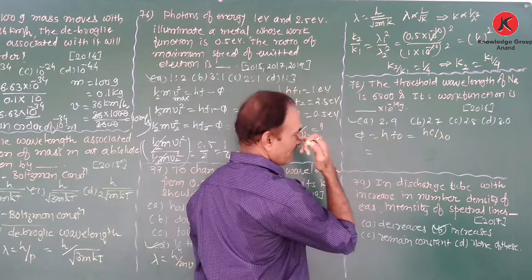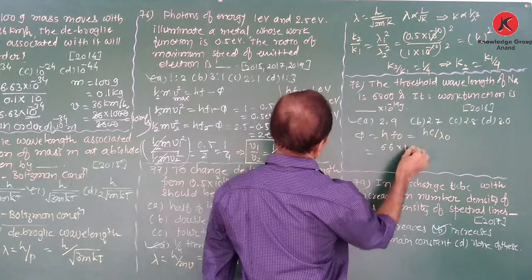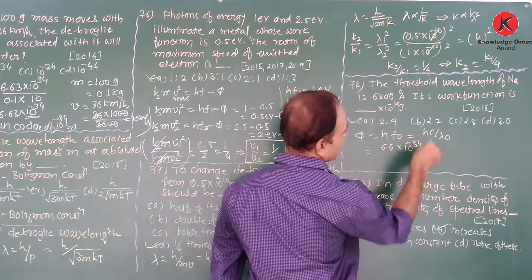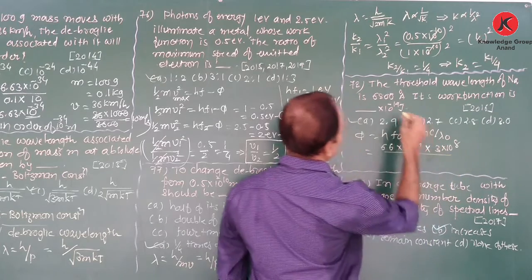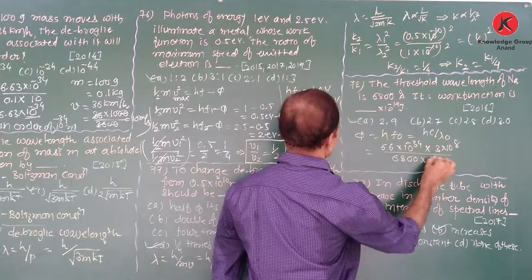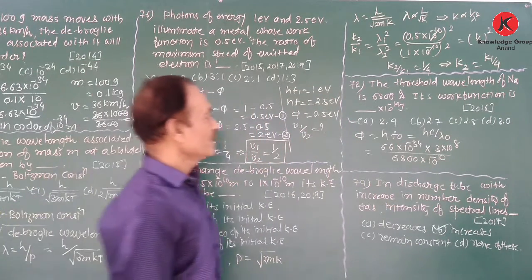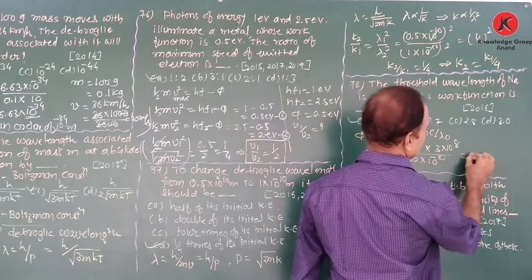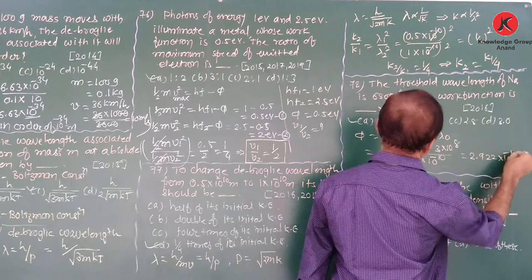Now h is given as 6.6 into 10 to the power minus 34, c is the velocity of light in vacuum, upon lambda 0, 6,800 angstrom, that means 10 to the power minus 10. So we obtain 2.92 into 10 to the power minus 19 joule.